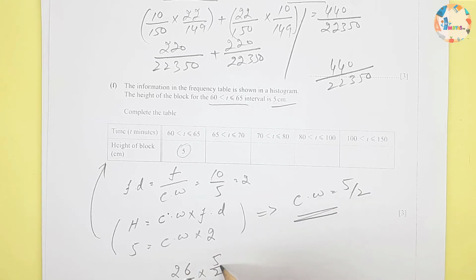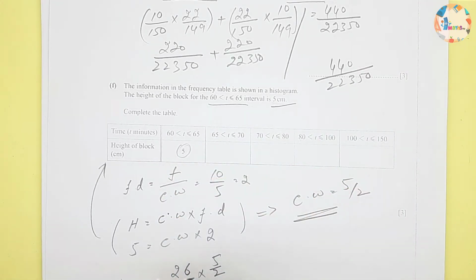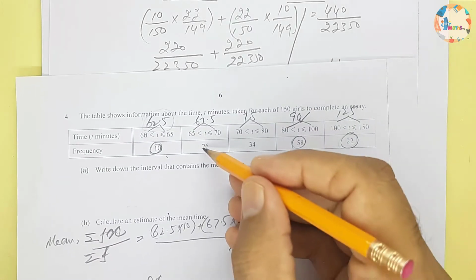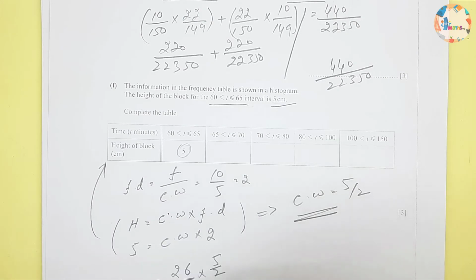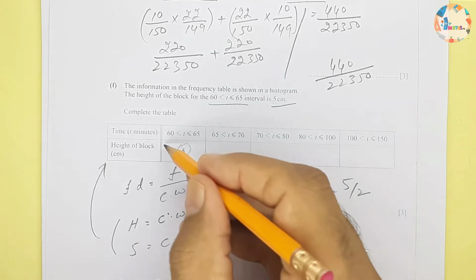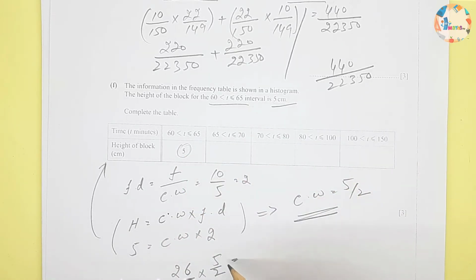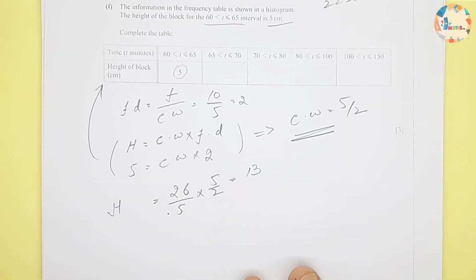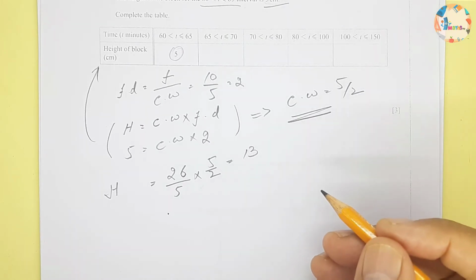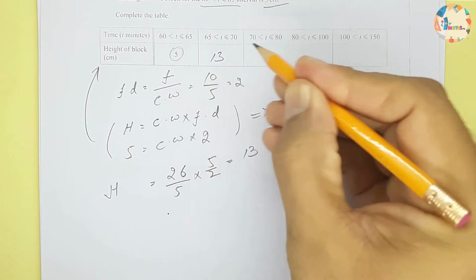Basically this is how we calculate the height from the area of the bar. So we can write h is equal to 26 divided by this class width, which we got from here, so multiply by this. This will result in 13. Similarly, we can apply the same equation for the next one, so this will be 13.